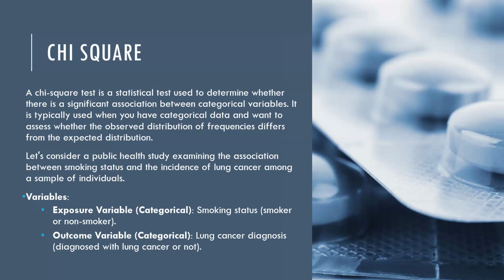Chi-square is used many times when both your dependent and independent variables are categorical. If they're both categorical, you can't do a t-test or an ANOVA. You can't, and if you're testing for differences, you can't run a regression test. But you can use a chi-square test.